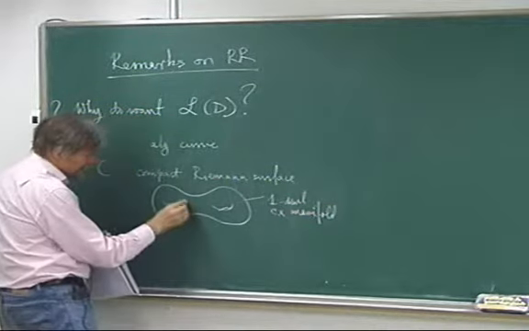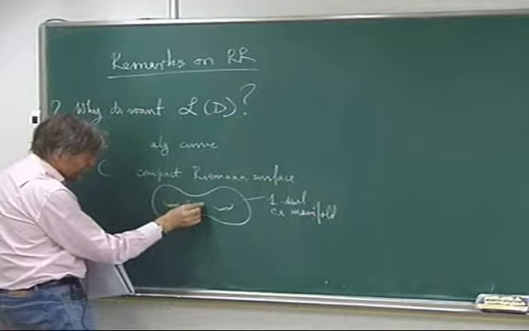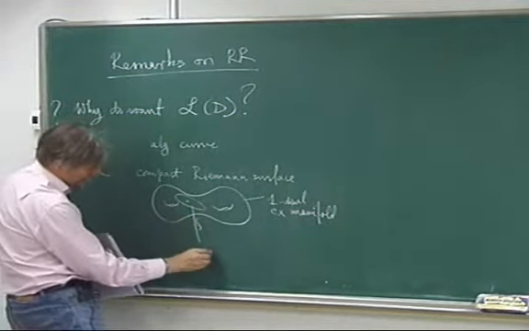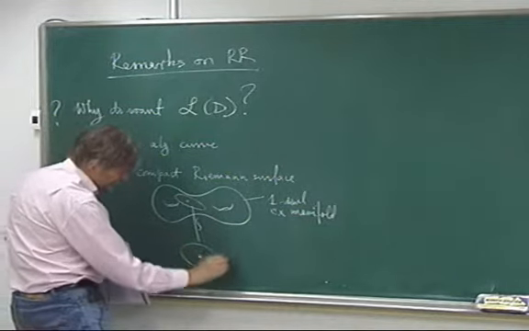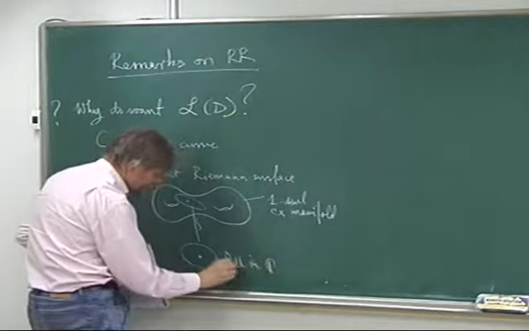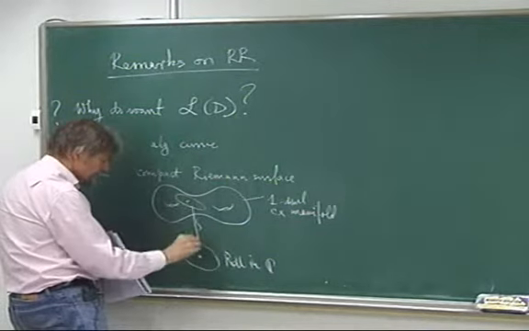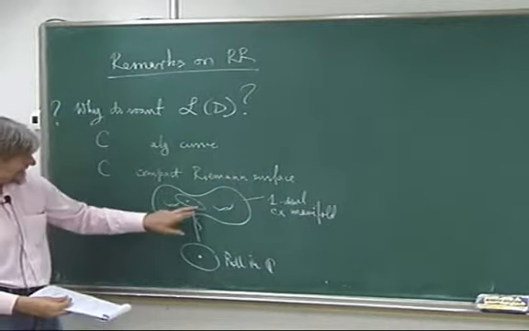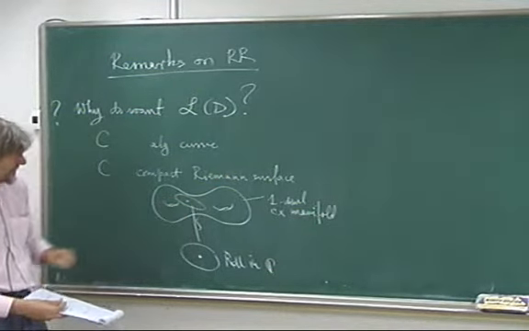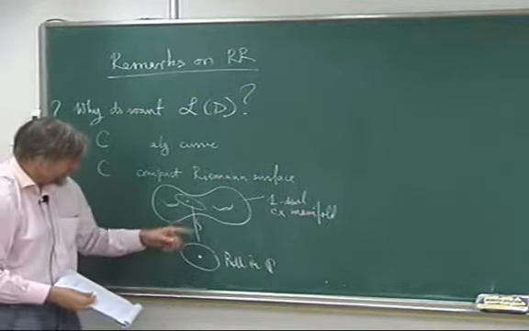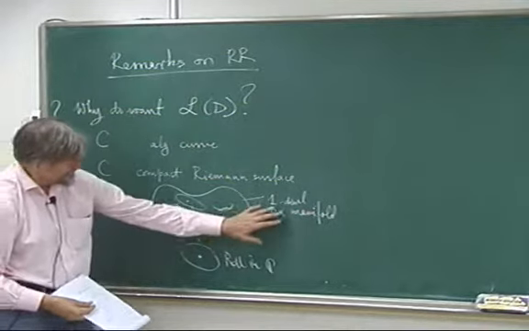So this means every point has some kind of neighborhood like this, which is isomorphic to the ordinary ball in C. So in other words, locally I can take a complex analytic coordinate. I'm not going into the definition of a manifold.